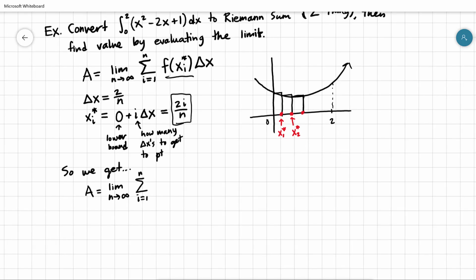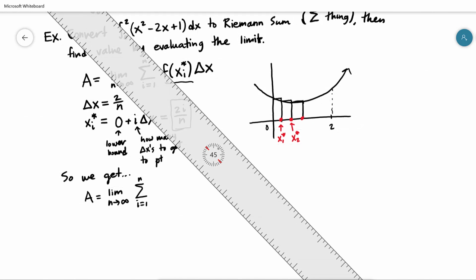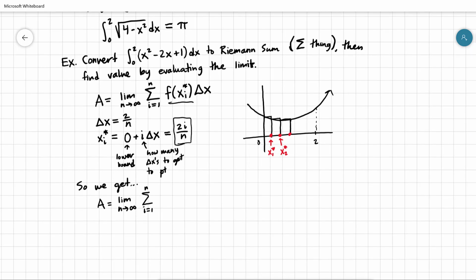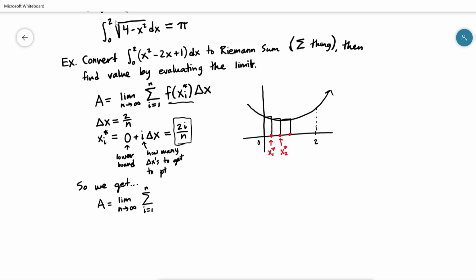So I want to do f of that. So my f, just to zoom out so we can see everything at once, there we go. Here's the f that I'm using. It's x squared minus 2x plus 1. And here's the input, my xi star that I'm plugging in. So for the first term, I need to take this piece and square it. Then the next term will be minus 2 of this.